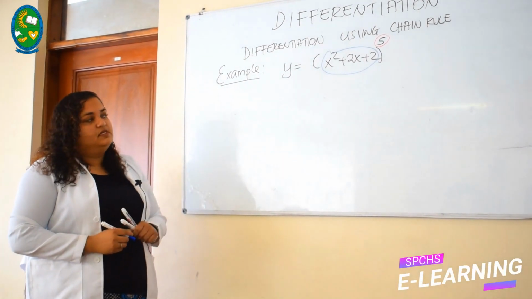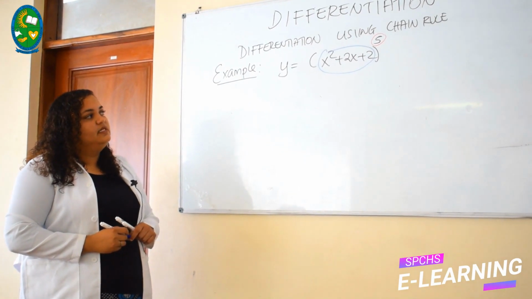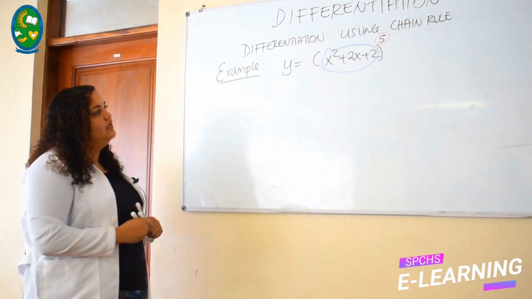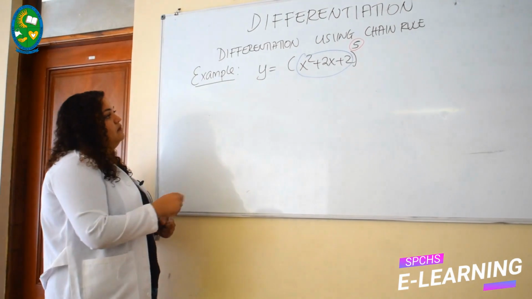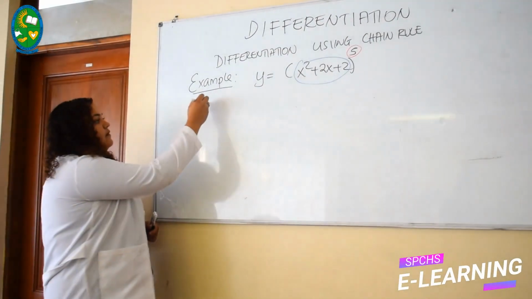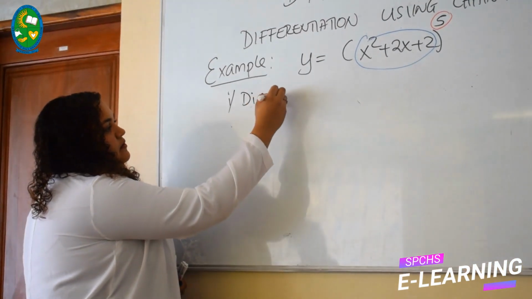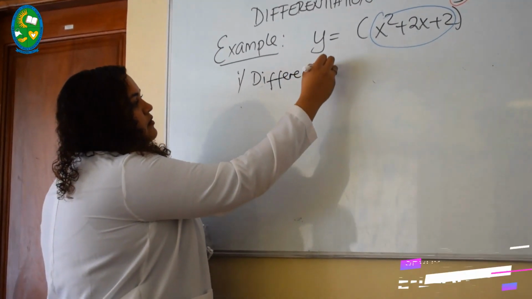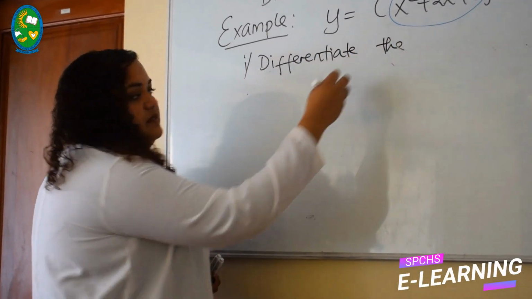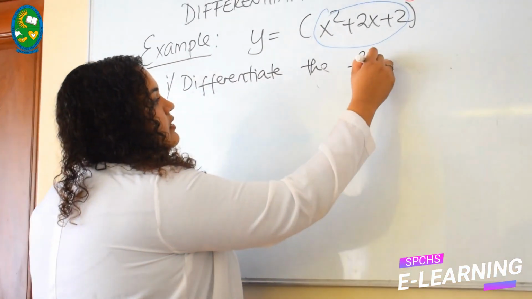But what we're going to do is, by the chain rule, we shall start with the outside function. So step number 1 in such cases is differentiate the function outside.